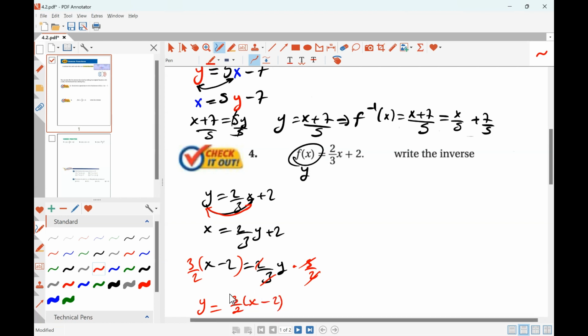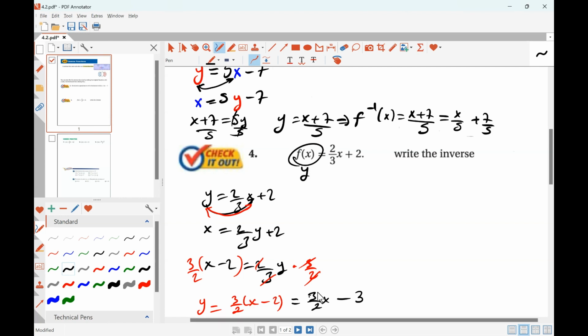Or we can do this distribution and write this as 3 over 2 x minus 3 over 2 times 2. Let's break it up into two fractions. So distribute 3 over 2: 3 over 2 x minus 3 over 2 times 2. The 2's will cancel. So that's equivalent to this function.